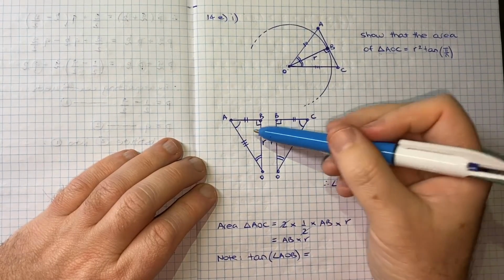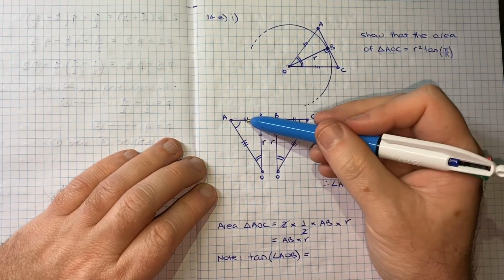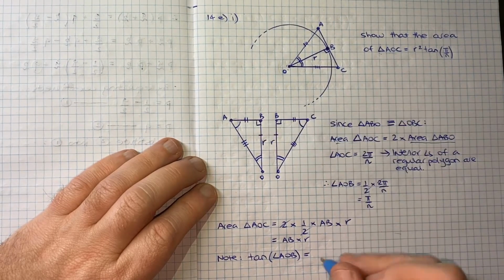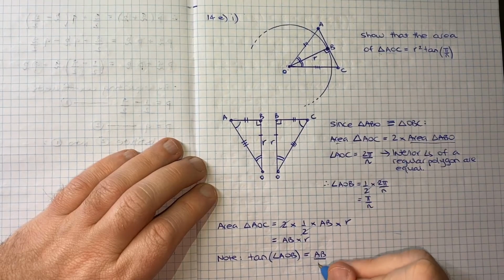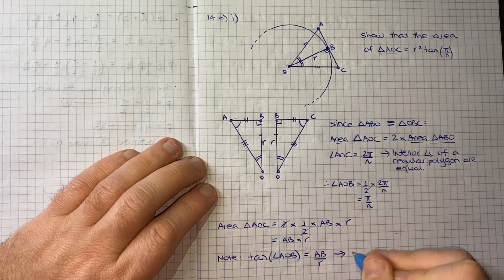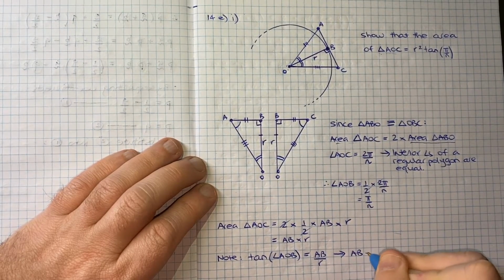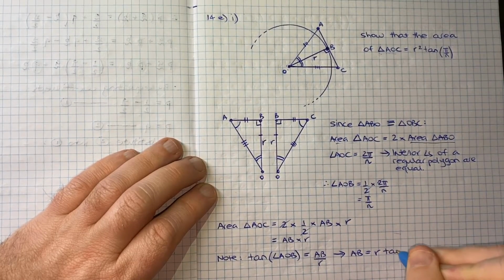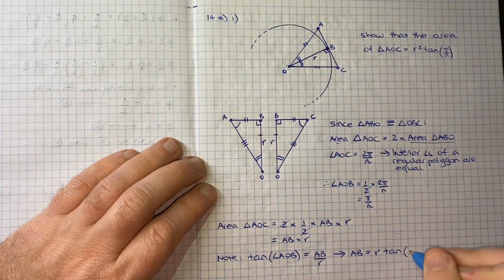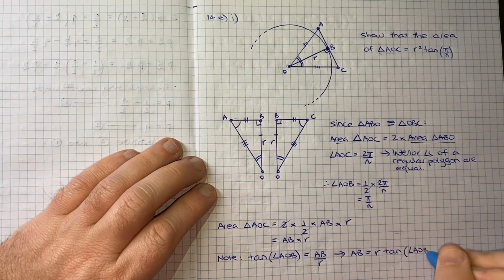In terms of this right-angled triangle, the tan of angle AOB is opposite over adjacent, so it would be AB divided by the adjacent, which is R. And so side AB, if we bring the R up, will be R times tan of angle AOB.